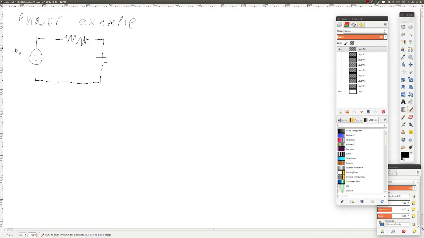We're going to call V in, not as a function of t, but as a function of omega, an arbitrary function. We don't care what it is, we just care that it exists. What I want to know is V out.